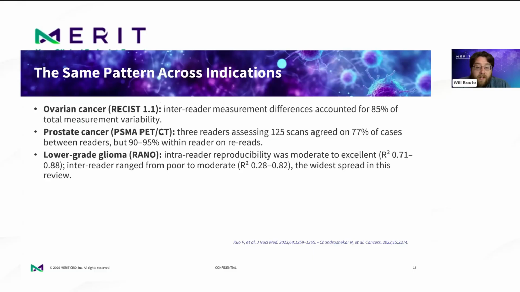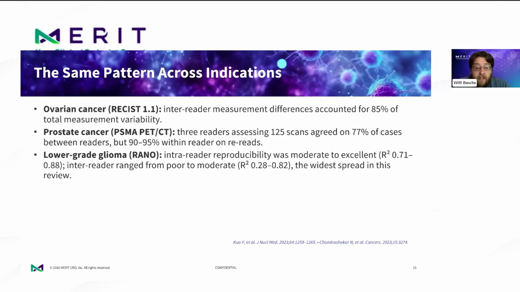And of course, this isn't unique to one particular type of cancer, like the ovarian cancer example from the previous slide. The same pattern shows up across very different indications and modalities. In ovarian cancer, under RECIST 1.1, as we just saw, inter-reader measurement differences accounted for about 85% of total measurement variability.